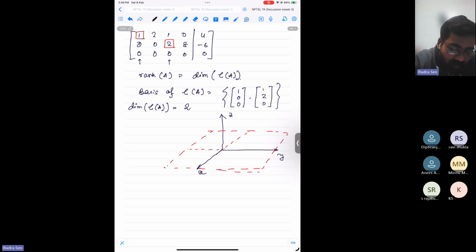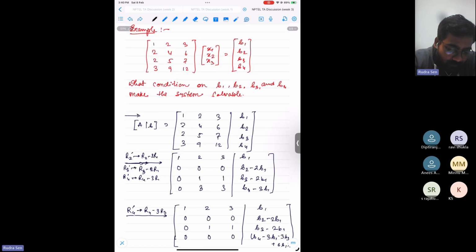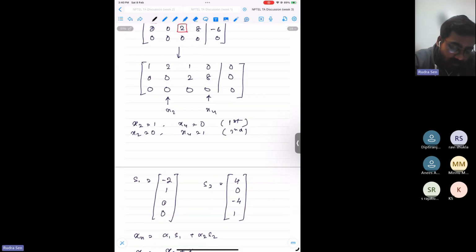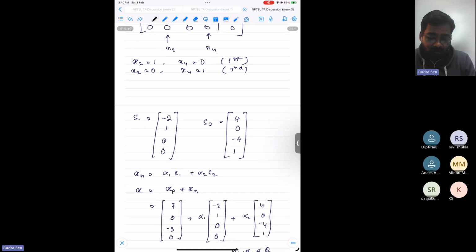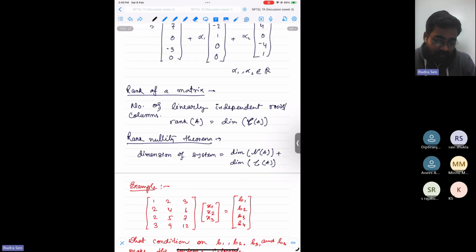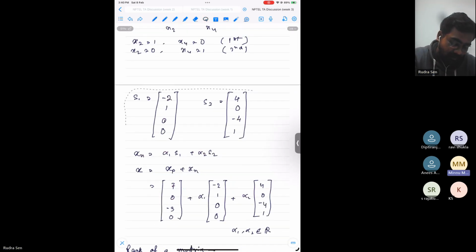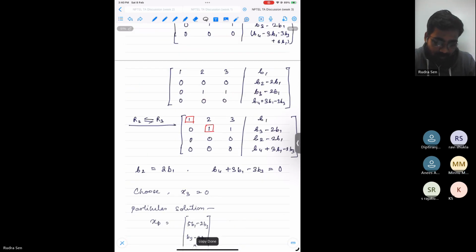Now, what is the dimension of the null space? If you see from here, there are two free variables, so you can get two solutions.